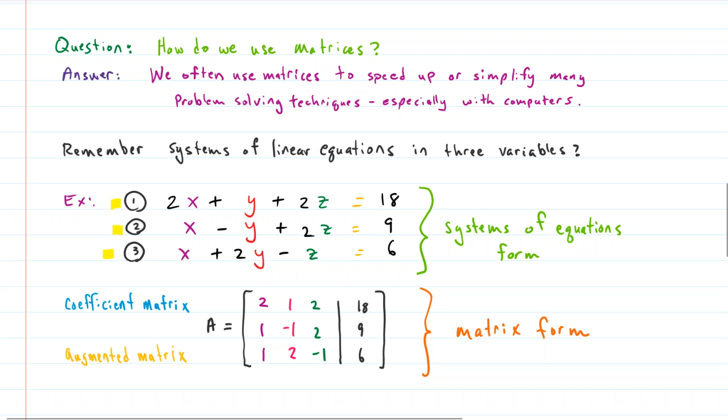So what we will do is we will create a matrix with just the numbers. So it's as if we dropped all of the variables. And notice there's a 2 in front of the x in equation 1. There's a 2 in the first row, first column spot.